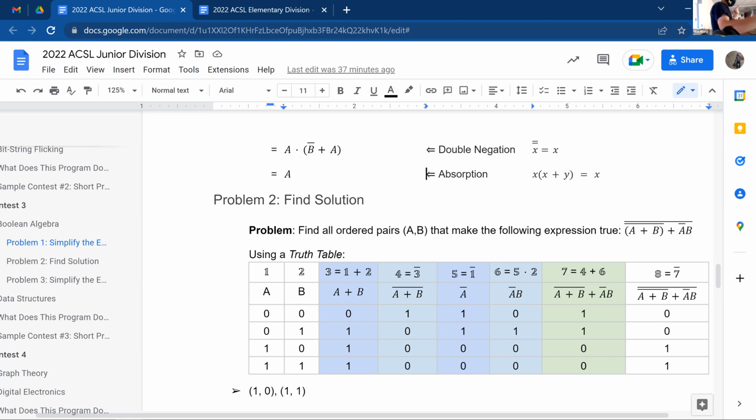You do one operation in each column. This is how many operations you have. 1, 2, 3, 4, 5, 6.